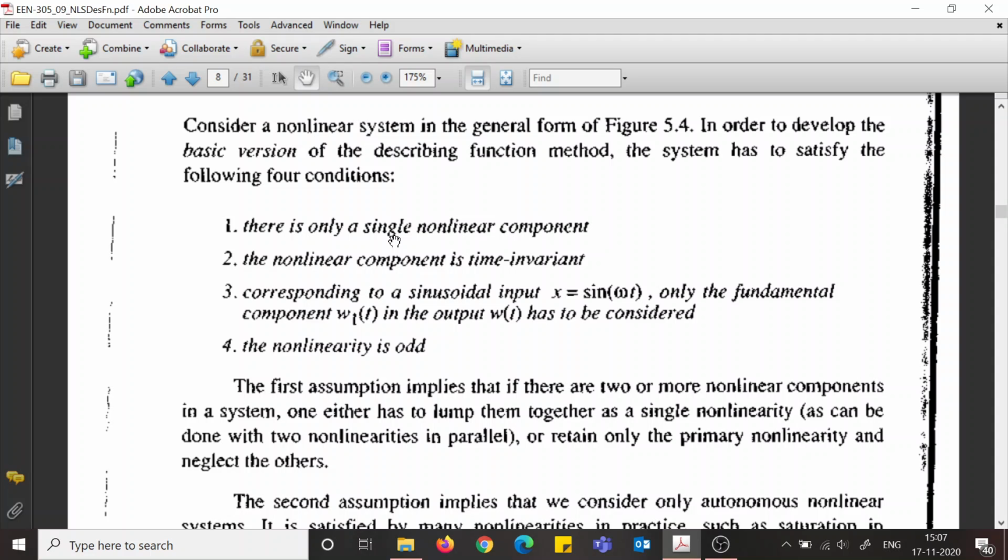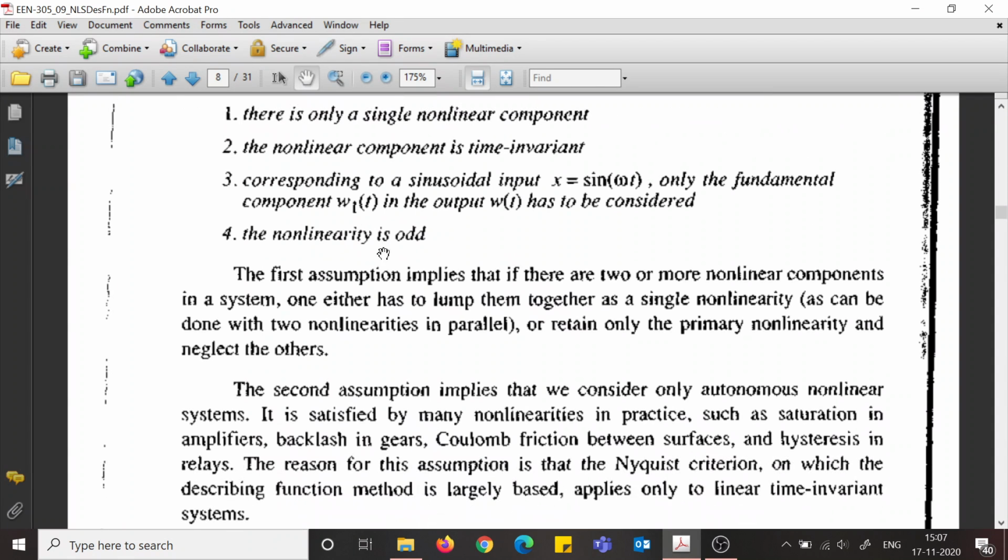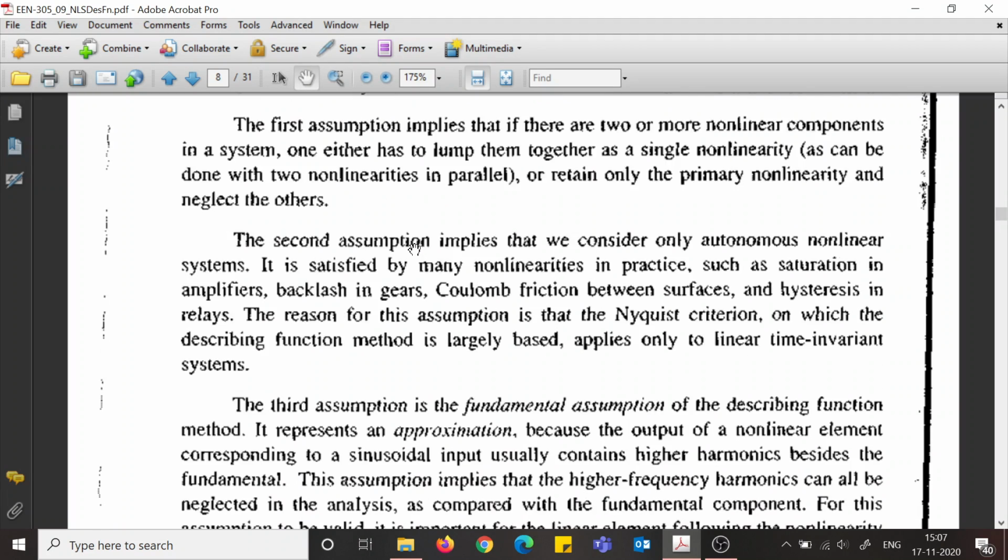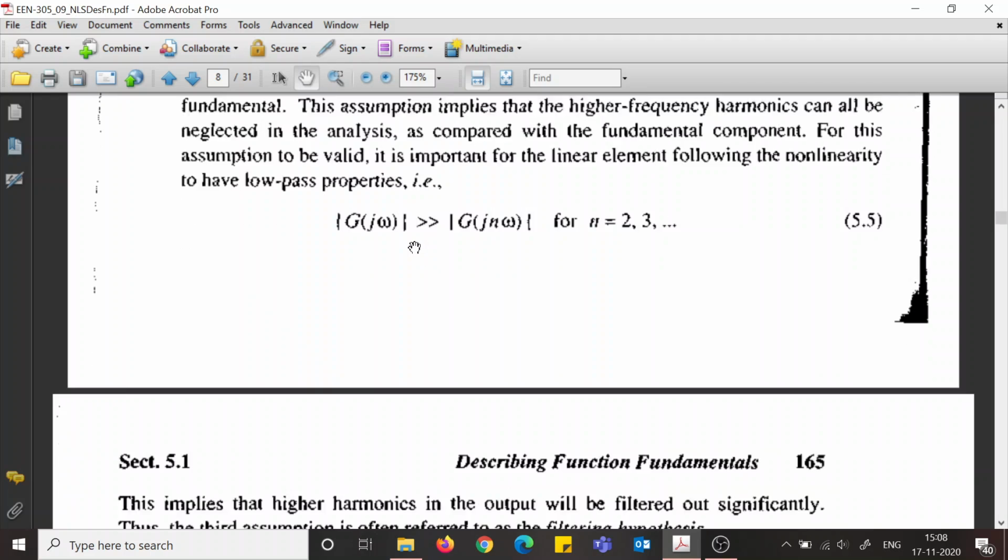The nonlinear component is time invariant. It should not change with time. Corresponding to the sinusoidal input, only the fundamental component in the output has to be considered. This we already understood. The nonlinearity is odd. This assumption is taken basically to simplify the Fourier series calculation. So if you have odd nonlinearity, then the output will not have the mean component A0 which comes in the Fourier series.